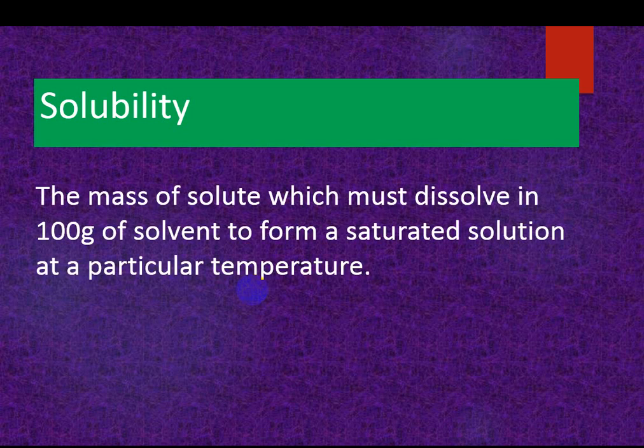It is the mass of solute which must dissolve in 100 gram of solvent to form a saturated solution at a particular temperature. This definition is given in your book.